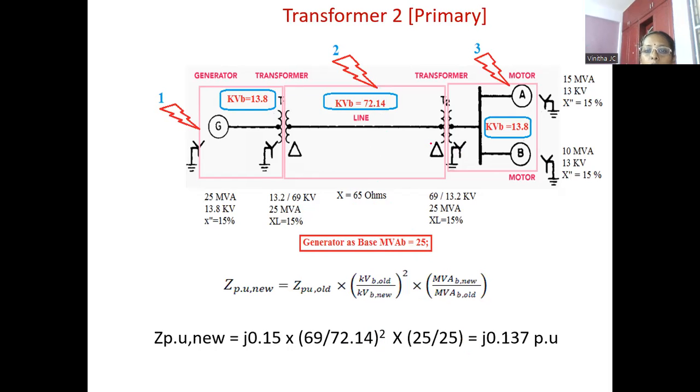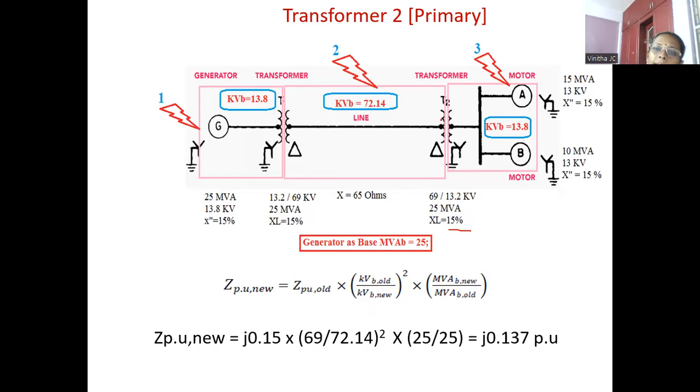Next, transformer T2. For this transformer, again the reactance is given in per unit, so we can apply the same formula. What is Z per unit old? It is 15%, that is J0.15, into KVB old by new, the whole square. For this transformer T2, what is the old value?